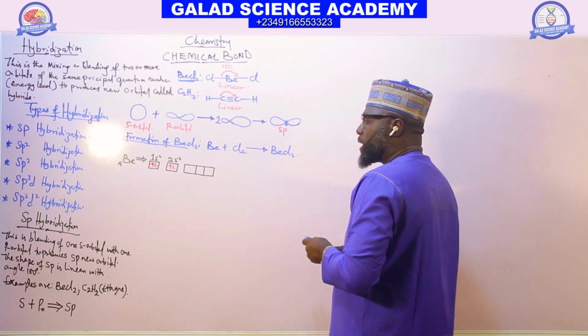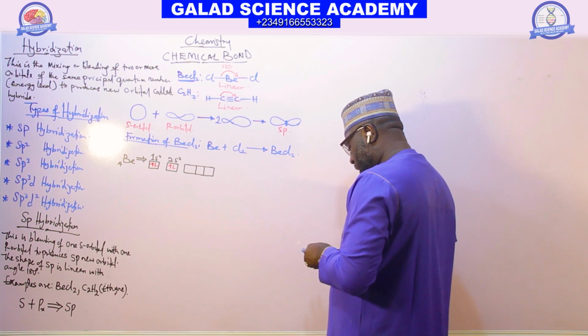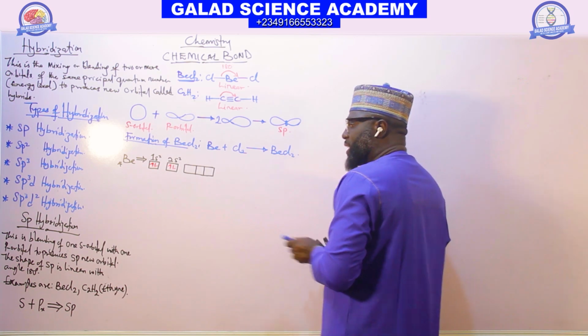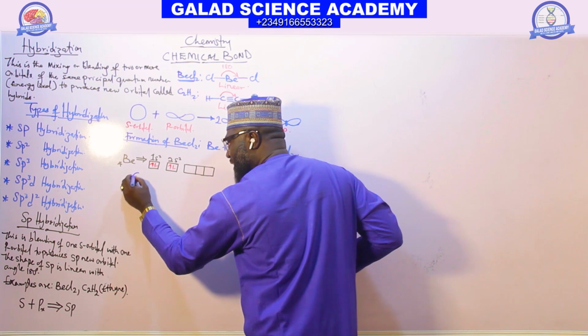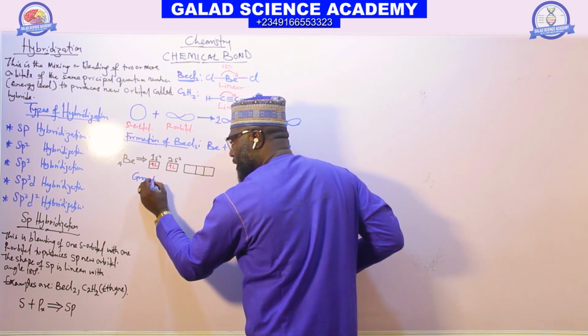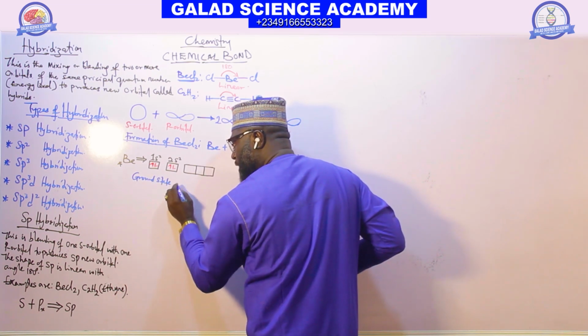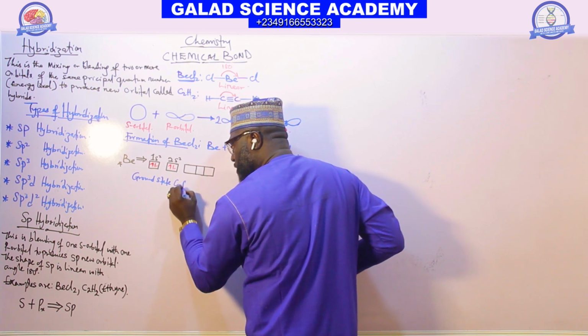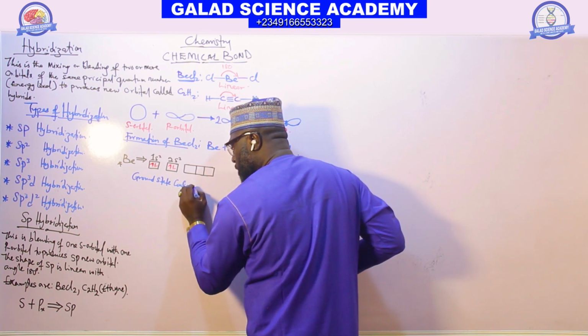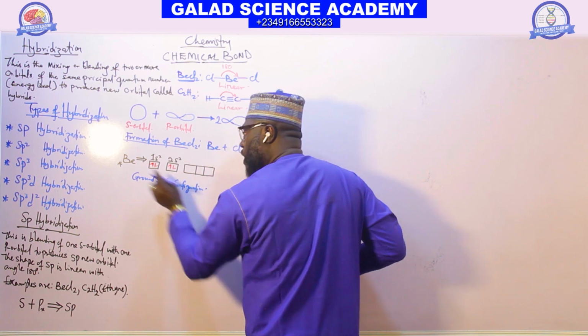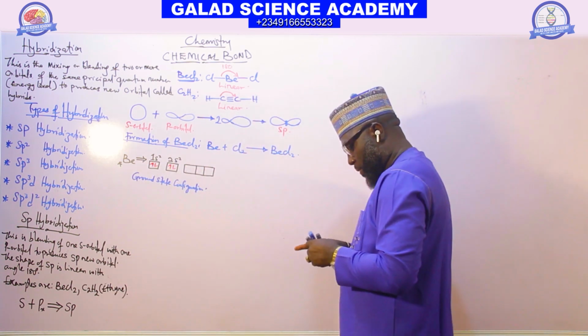So what we have here, we call it the ground state configuration of beryllium.